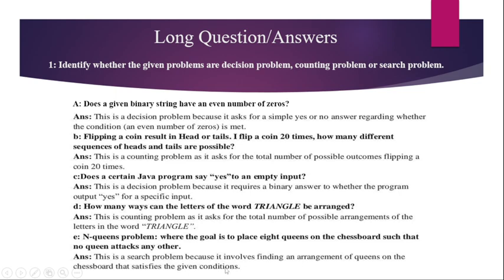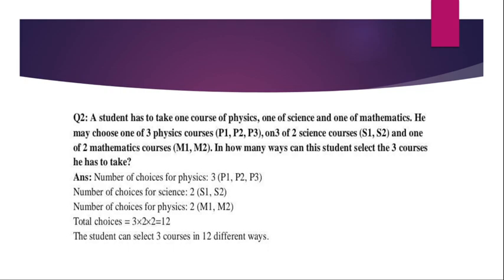Now move towards the second long question, which is a student has to take one course of physics, one of science and one of mathematics. He may choose one of 3 physics courses. P represents the subject physics, P1, P2 and P3.